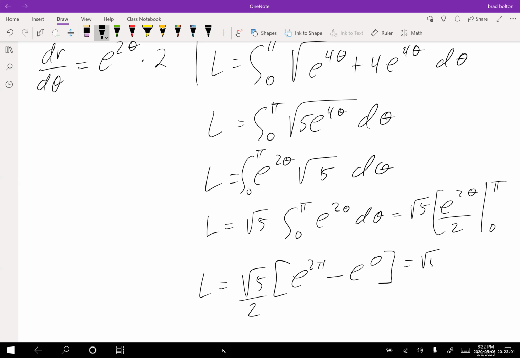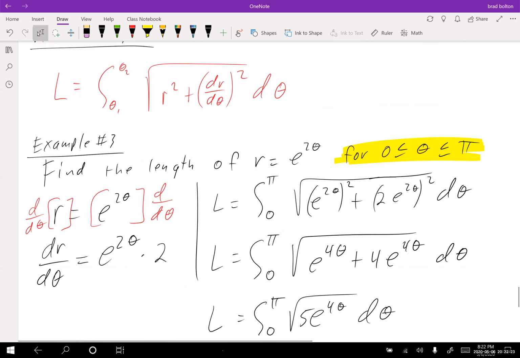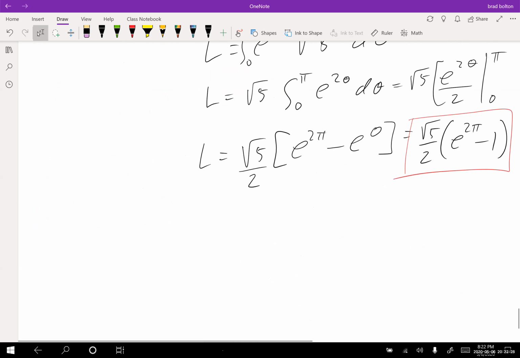So this becomes the square root of 5 over 2 times e to the 2 pi minus 1, and that would be my final answer. That would be my arc length. So the arc length of this polar graph of e to the 2 theta, whatever that would look like, we could graph it, is square root of 5 over 2 times e to the 2 pi minus 1. And we have our arc length.